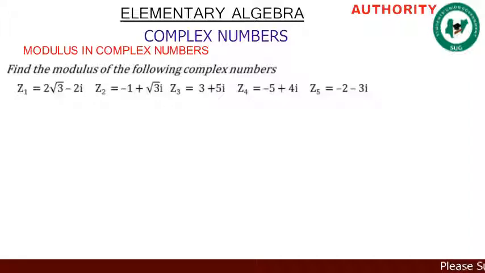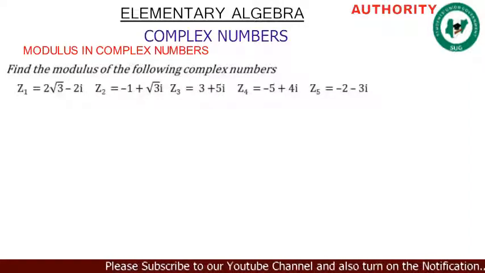How can we find their magnitude or their modulus? In complex numbers we call it the modulus, which is the r, and generally the r comes from the word resultant. You get it? Okay, now let's go.